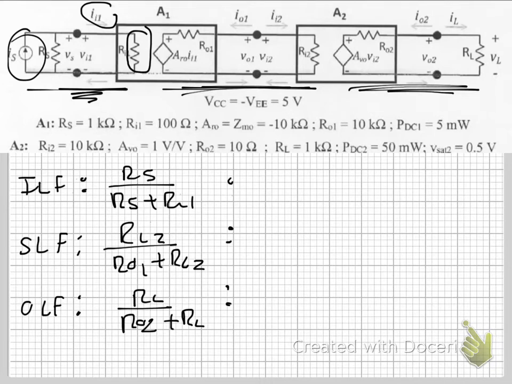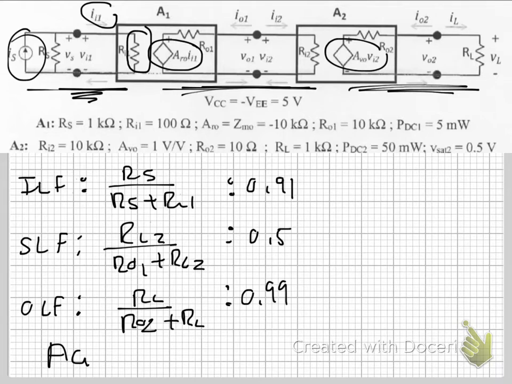The values for these are 0.91, 0.5, and 0.99, right? So to get our overall gain of the system, you need to consider the gain here and the gain there. So our overall gain, A of G, no, it should be A of R.